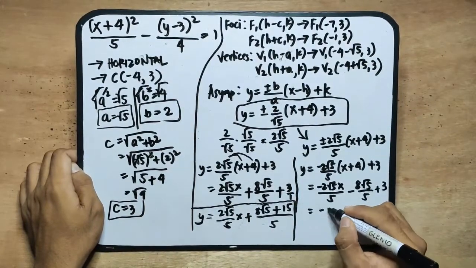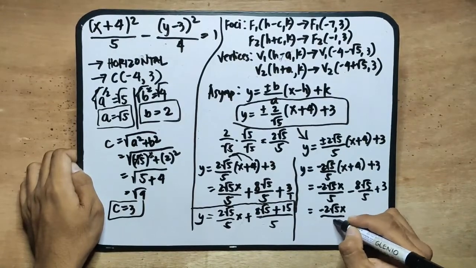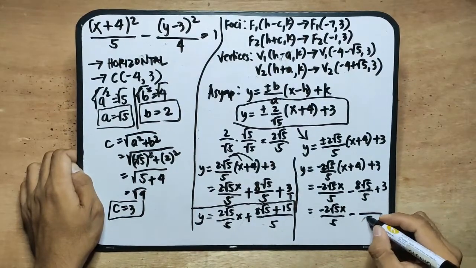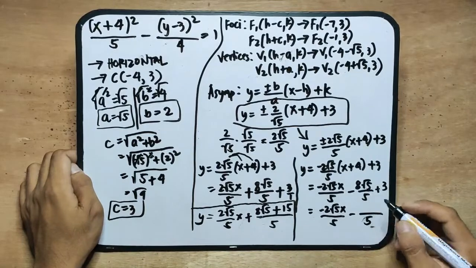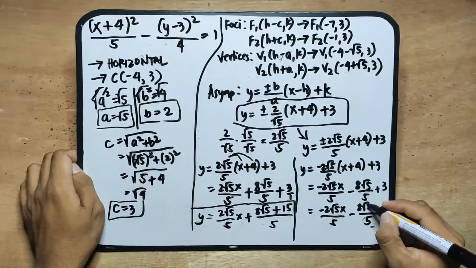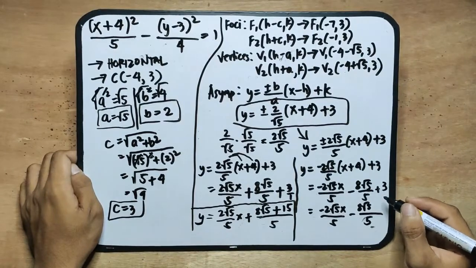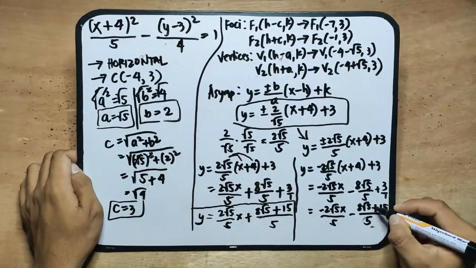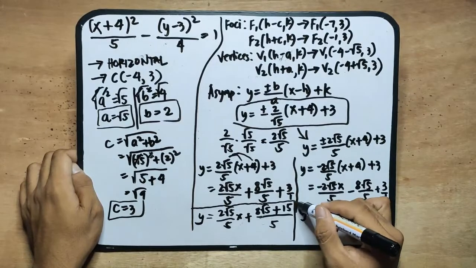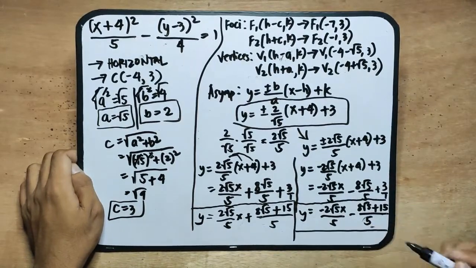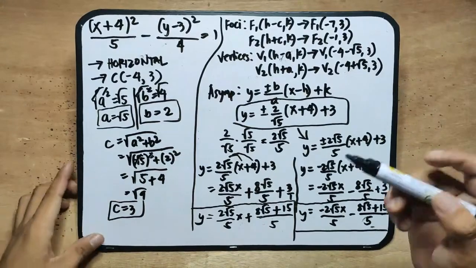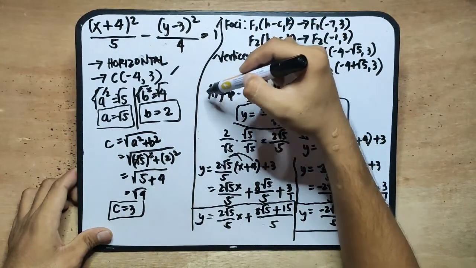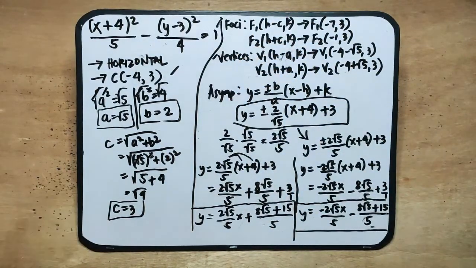Simplifying further, we get negative 2 square root of 5x all over 5 minus the LCD is 5, I mean. 5 divided by 5 is 1. 1 times the numerator is the numerator. 8 square root of 5. 5 divided by 1, understood na may 1 yan, is 5. 5 times 3 is positive 15. Since hindi na rin ito mapagsasama, this is our second equation of the asymptote. So therefore, our answers are this one, the center, the values of A, B, and C, the foci, the vertices, the equation of the asymptotes. Understood?